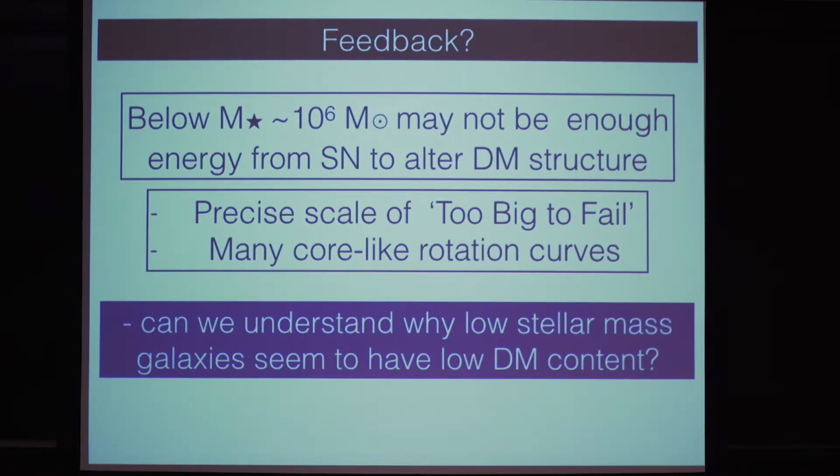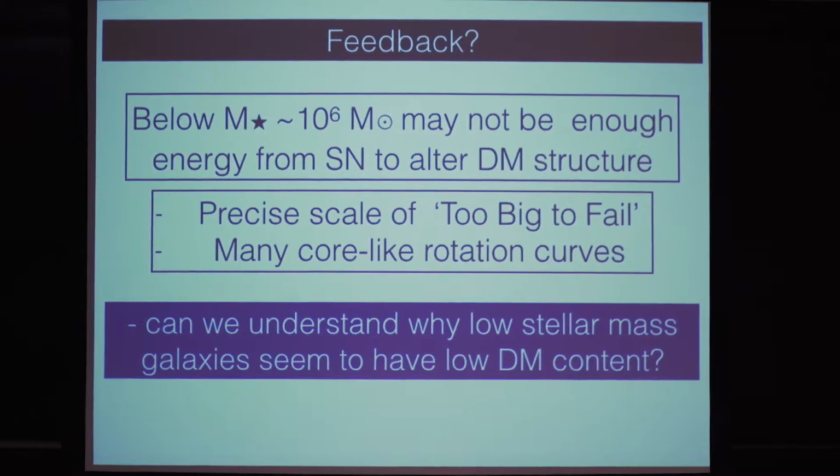The real holy grail would be to somehow measure the density profile slope in an ultra-faint galaxy. Maybe if you had proper motions for individual stars, you could do this. If you saw a smoking gun core in the center of a 10^5 or even lower mass dwarf galaxy, that would be bad news, I think, for this class of dark matter models.